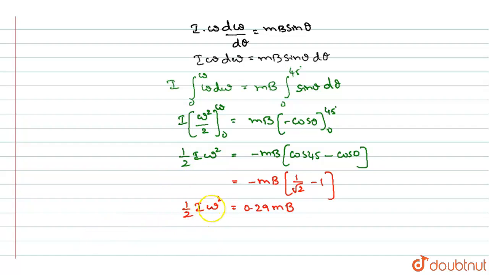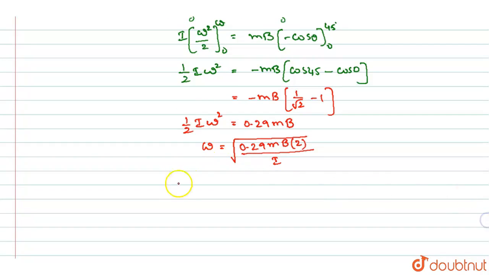Now you need to find the angular speed, right? Omega you have to find out. So omega will be equal to root of 0.29 mb into 2 divided by I. Substituting all the values, omega will be equal to root of 2 into 0.29 into magnetic moment 15 into magnetic field 4, divided by I, the moment of inertia, which they have given as 0.5.